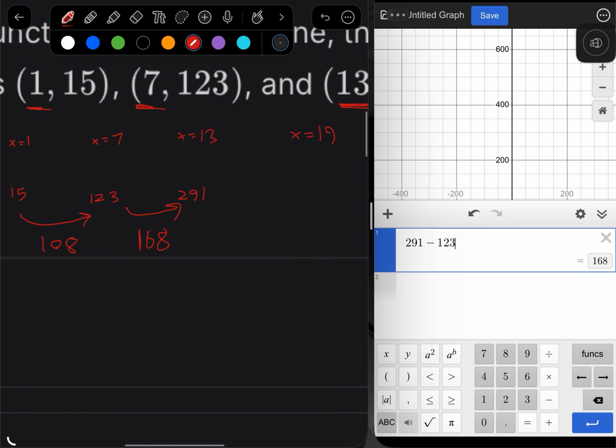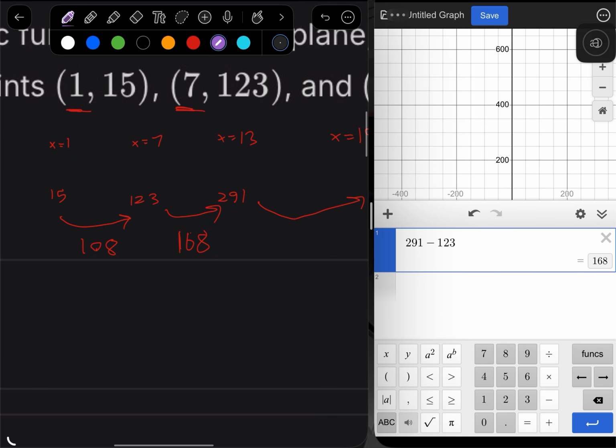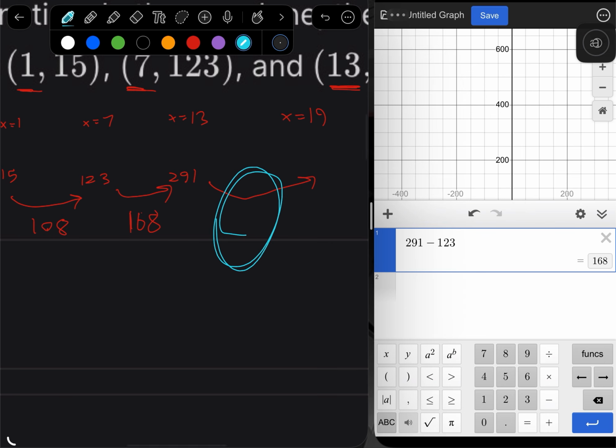And we're trying to find this next one. Well, we don't know what the jump is between this and that possible value at 19, but there's actually a way to figure that out.